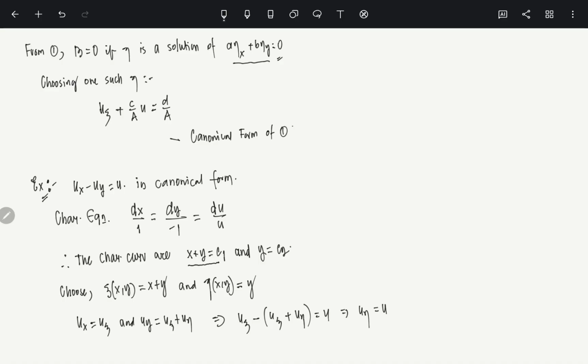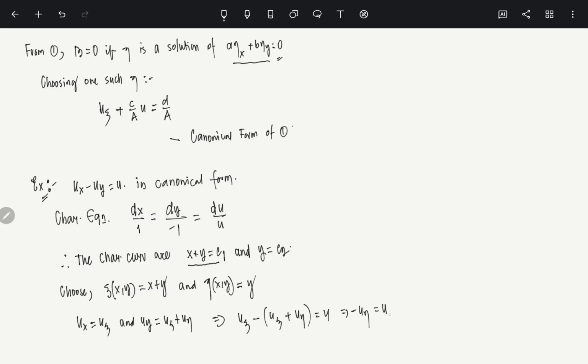Let me just check it once. ux minus u xi plus u eta. Yes, sorry, this is a minus u eta. Yes, this is fine. Okay, so this is your solution.